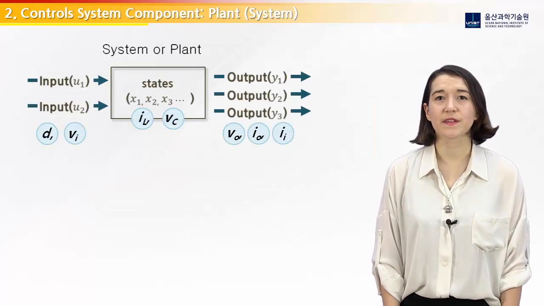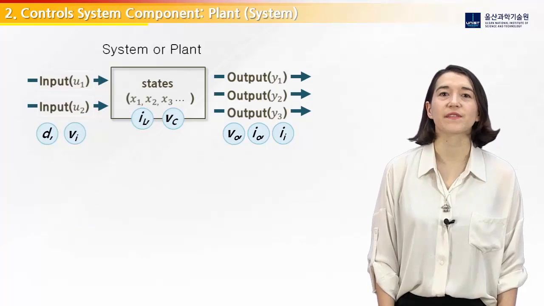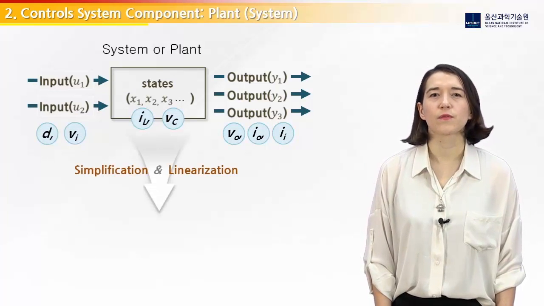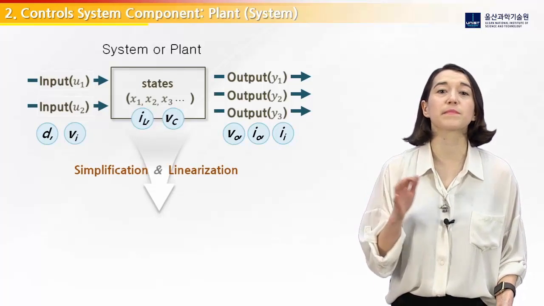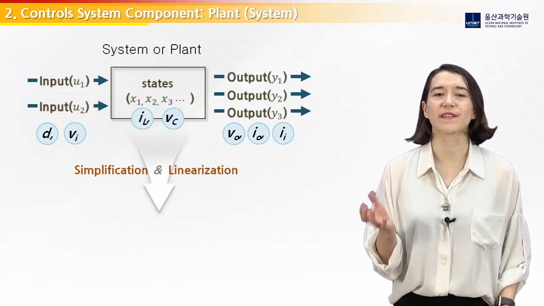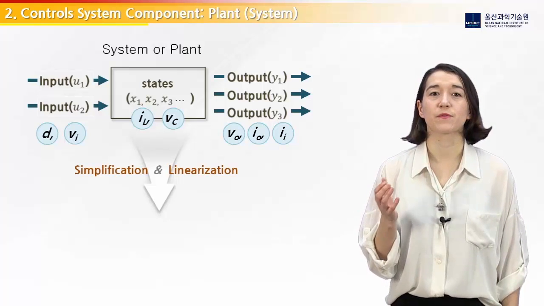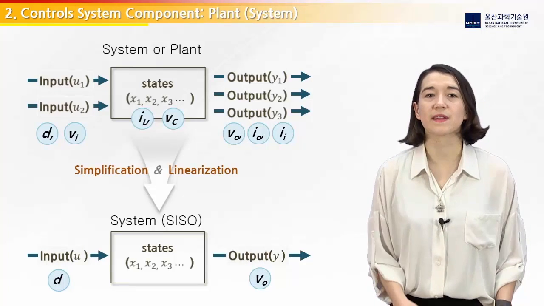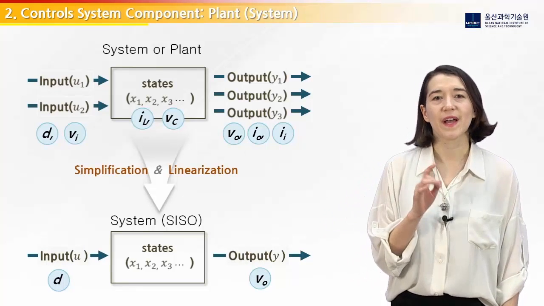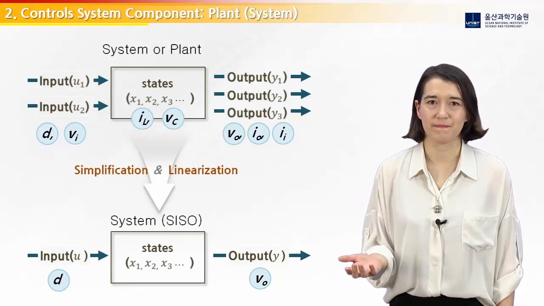In general, systems can be quite complex or relatively simple. For feedback control, we want to simplify complex systems into simpler systems so that we can more easily work with them. For feedback control, it is easiest to work with a single input, single output, or SISO system.